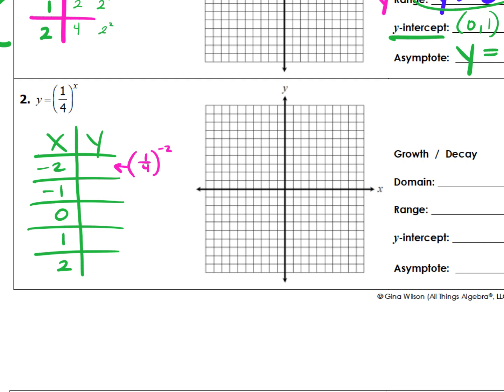Okay, so go. Do you like to use the fraction button or the division sign? Just plug 1/4 into your calculator right now. I think if you're going to do it that way, then you have to put parentheses around it. Let's just double check. Yeah, so 1/4 to the -2nd, so that's 16. So this will be 16, and then we just keep doing.